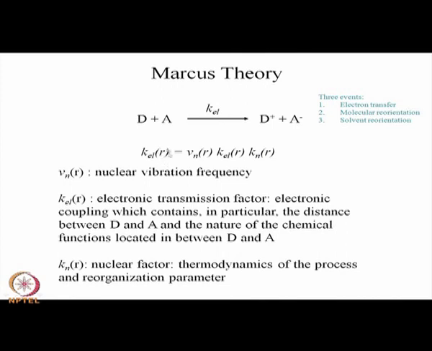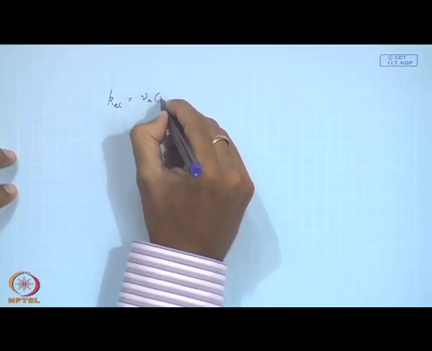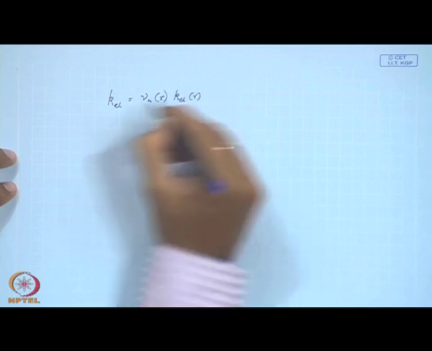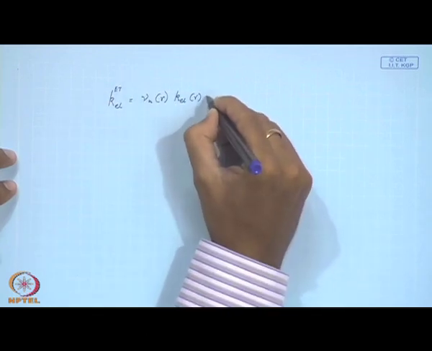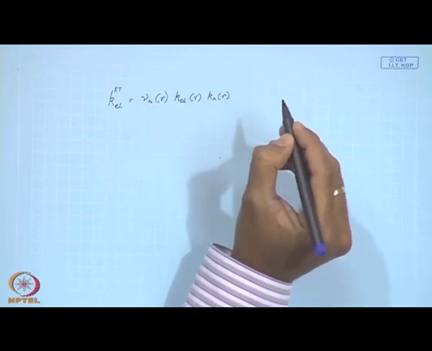So, this R should not be there. So, the electron transfer rate KEL is equal to nu n, then KEL, this is your electron transfer, okay. Then KN.